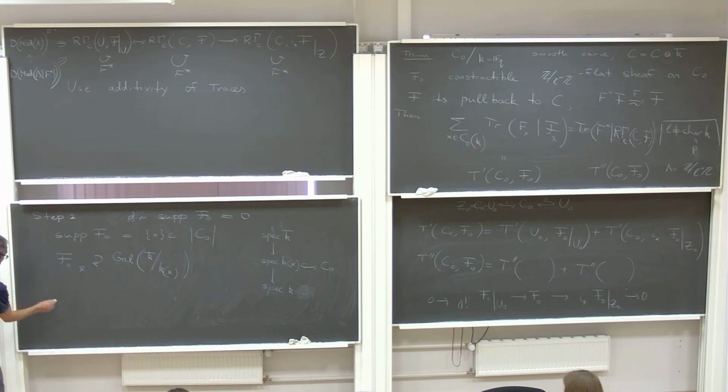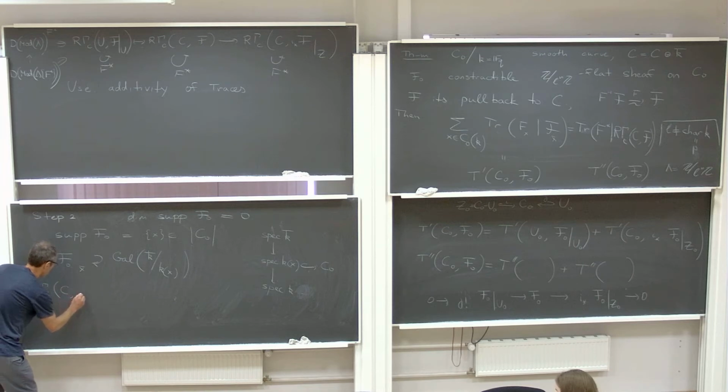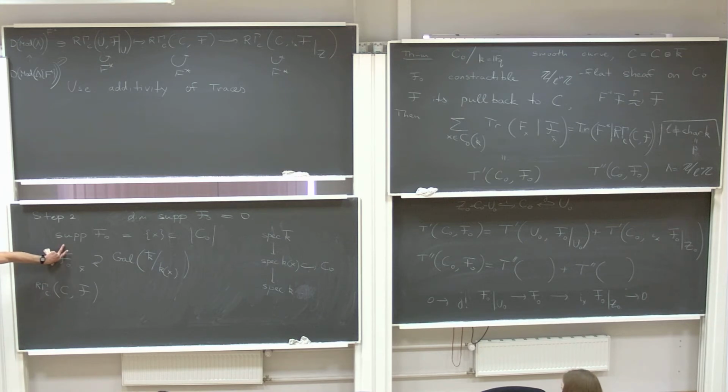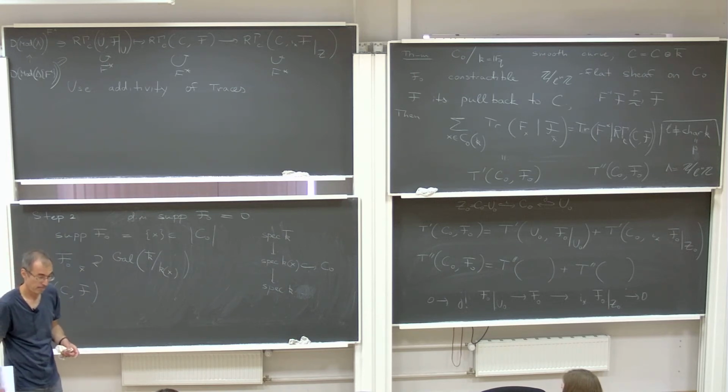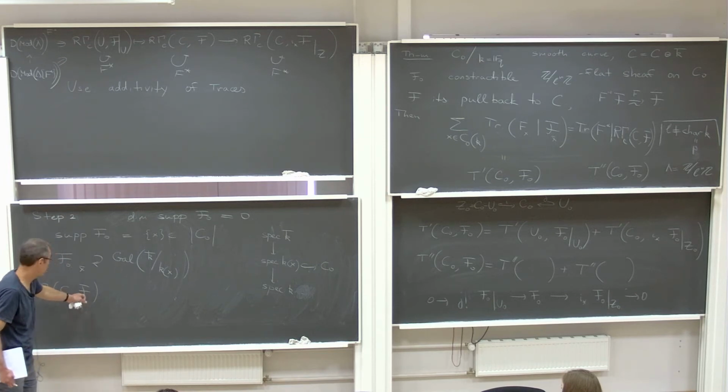Now, what I'm supposed to do, I want to compute R gamma with compact support of, say, C of F. What is this? So my input is a lambda module with a Galois action. What do you get as cohomology with compact support? So let's unravel our definition.